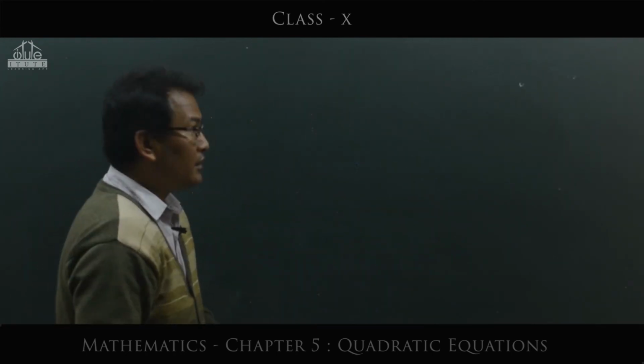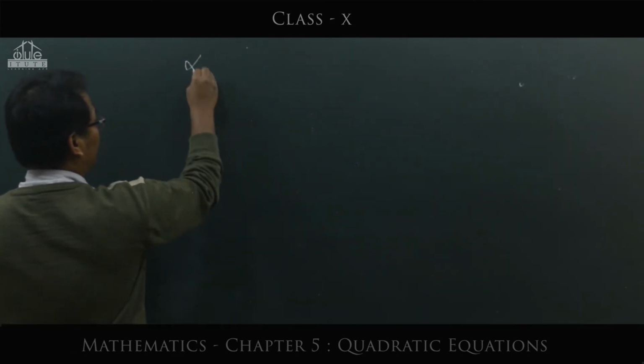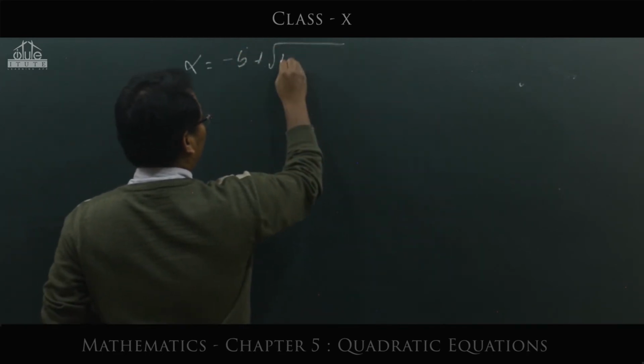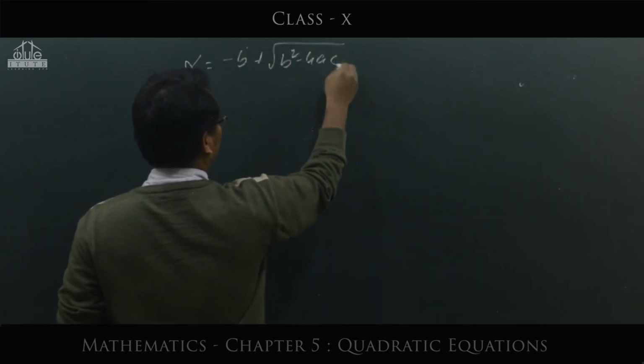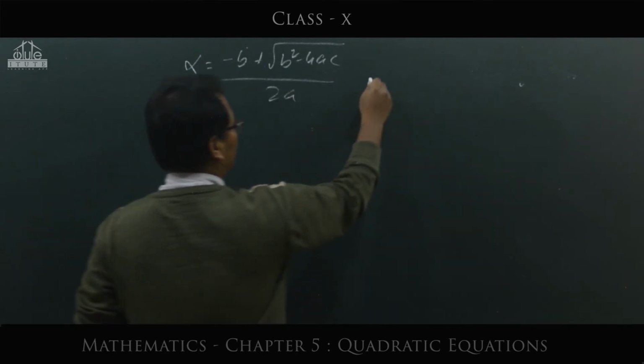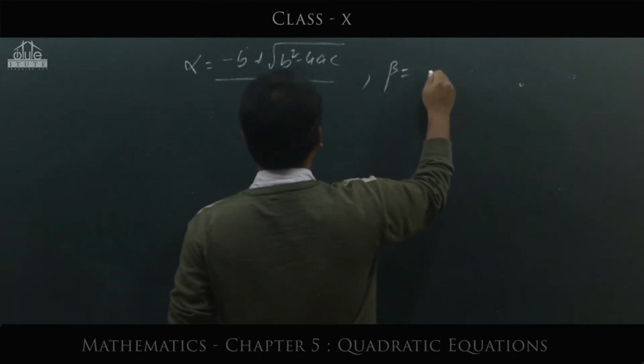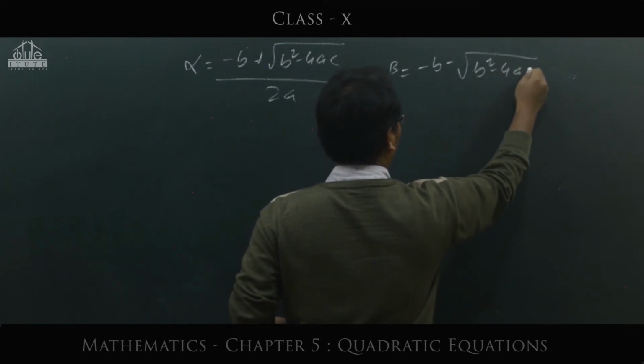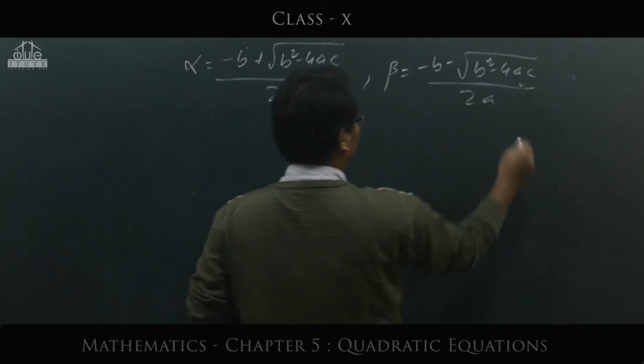So now, earlier we have derived the root value of alpha, that is minus b plus root over b square minus 4ac divided by twice of a, and the second root is minus b minus root over b square minus 4ac divided by twice of a.